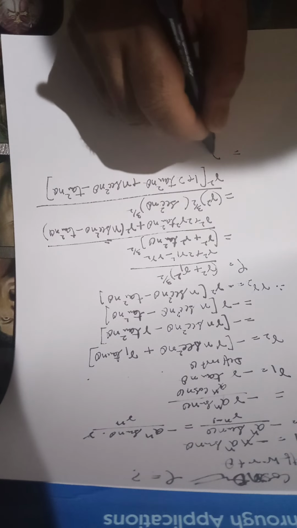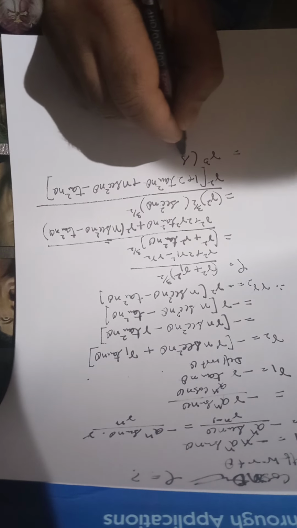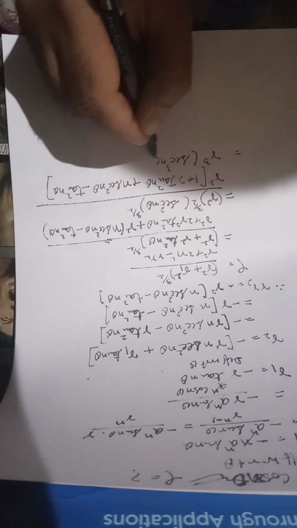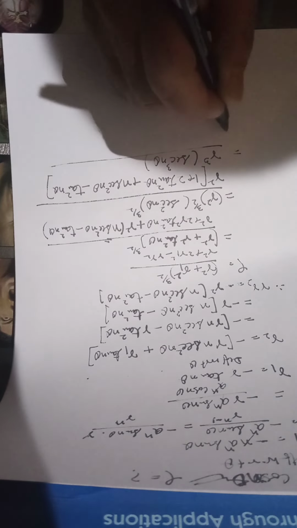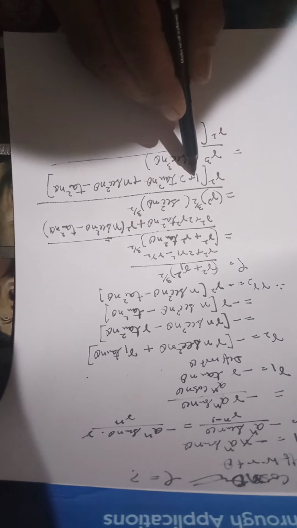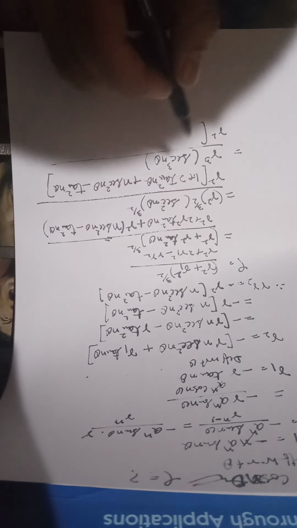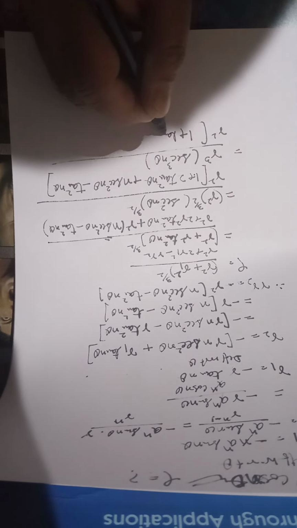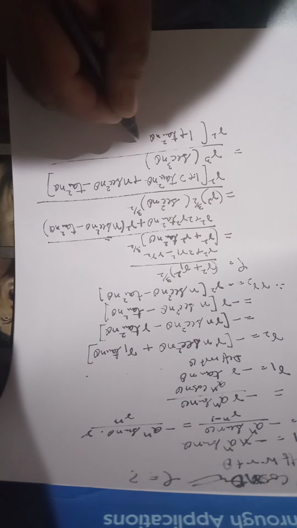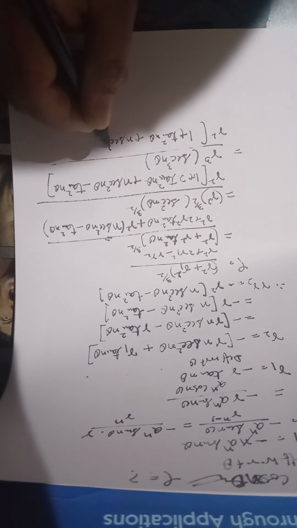So this is r cube in the numerator, secant cube n theta, square and 1/2. Then r square, this is 1 plus 2 tan square minus tan square. So it is 1 plus tan square plus n sec square n theta.